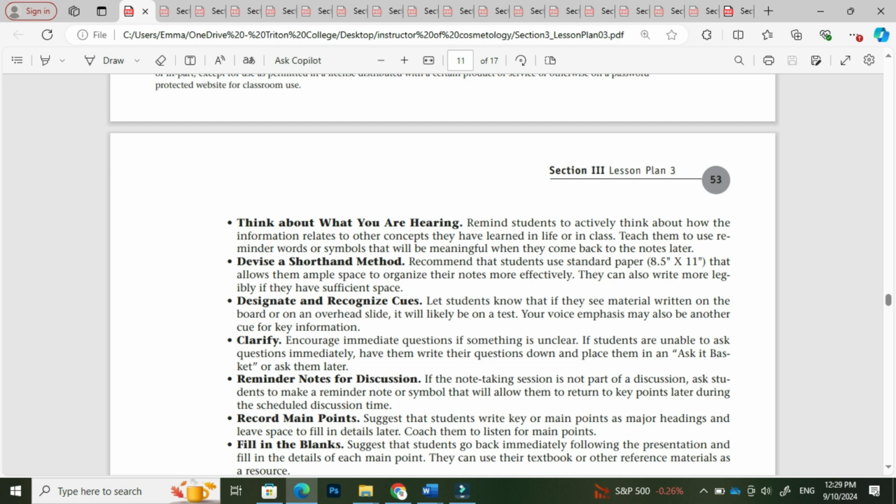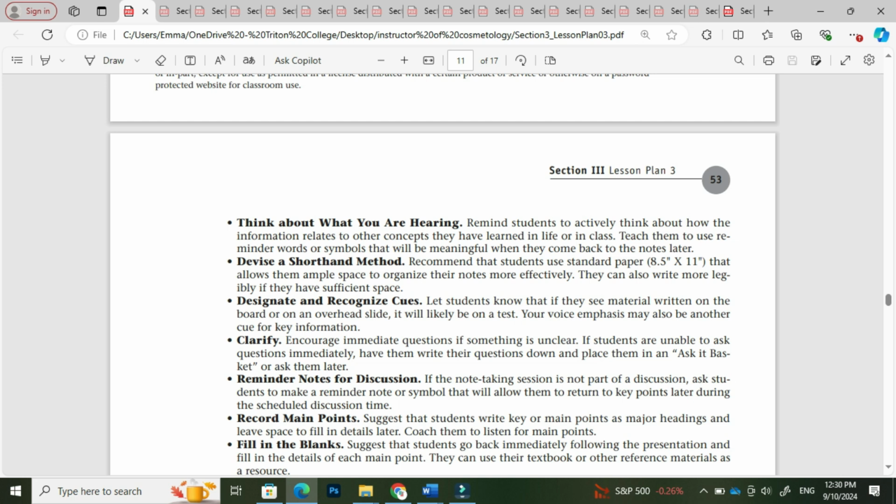Devise shorthand methods. Recommend that students use standard paper that allows them ample space to organize their notes more effectively. They can also write more legibly if they have sufficient space.